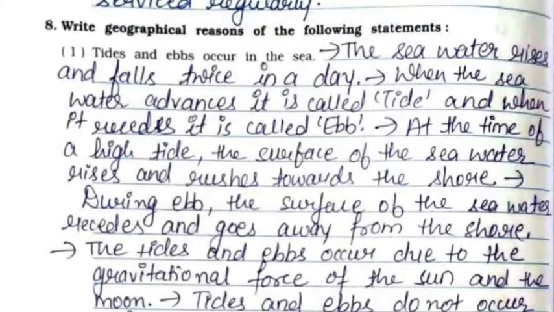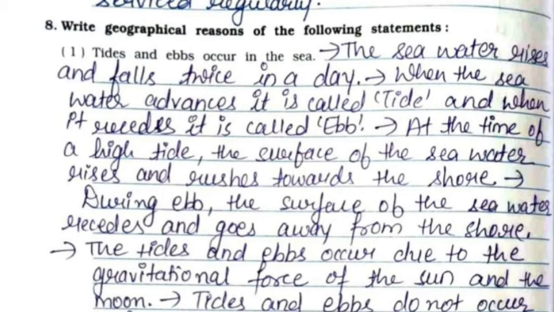Now we'll continue with question number 8, that is write geographical reasons of the following statements. First one, tides and ebbs occur in the sea. The seawater rises and falls twice in a day. When the seawater advances, it is called tide, and when it recedes, it is called ebb. At the time of a high tide, the surface of the seawater rises and rushes towards the shore.